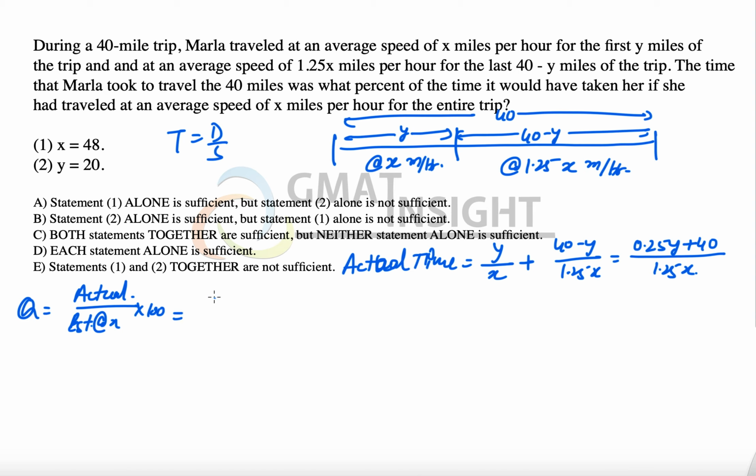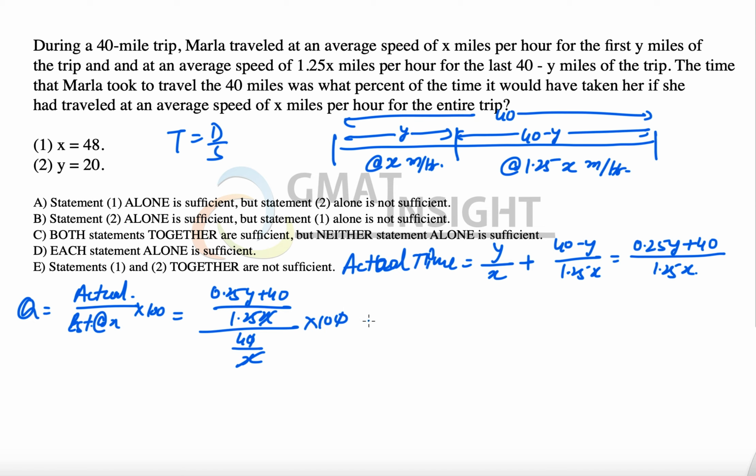So now we have the actual time, which is (0.25y plus 40) divided by 1.25x, and the estimated time if she had traveled the entire distance at a speed of x miles per hour would have been 40 over x, and we have to calculate the value of this. So we now certainly understand what we have to find to answer this question.